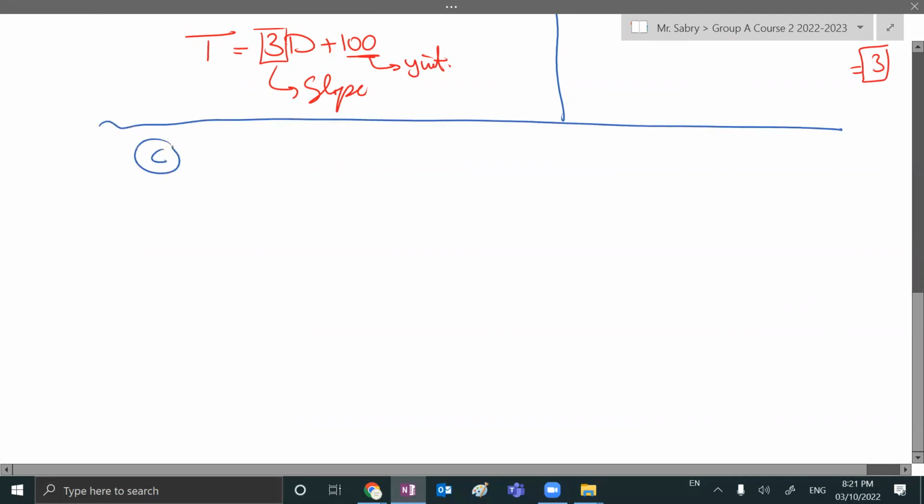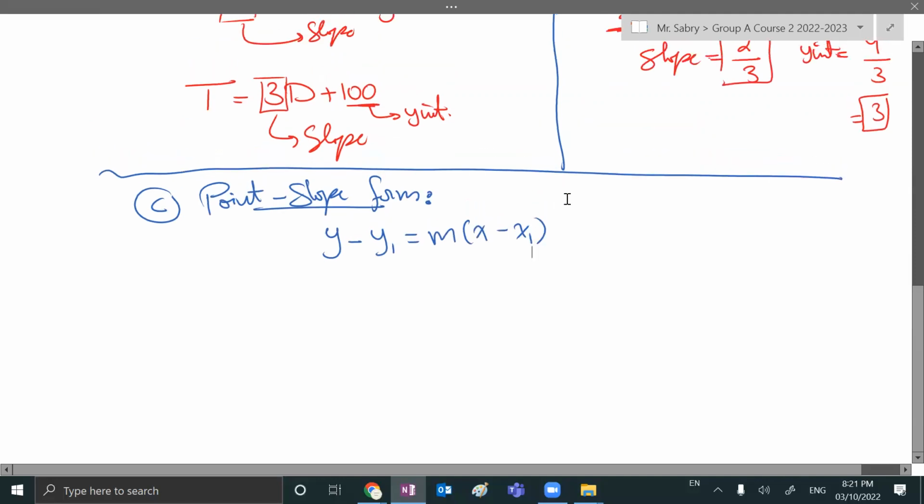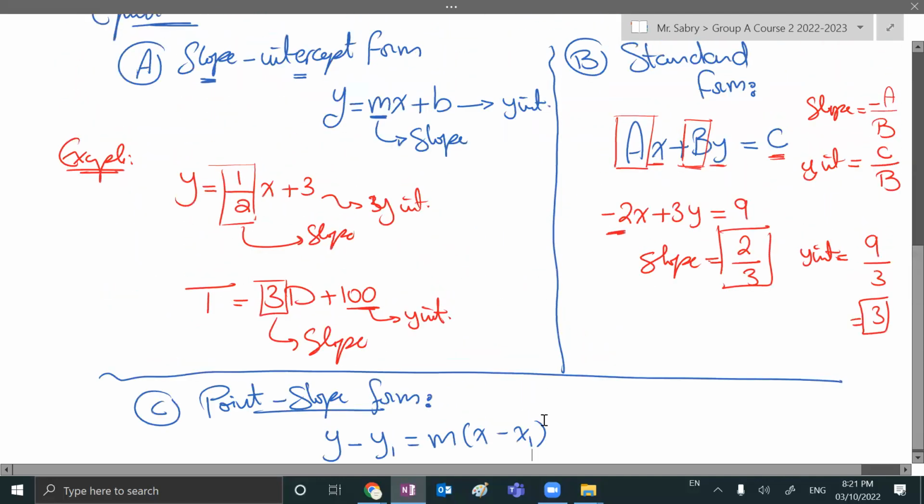There is a third form called point slope form. This form is whenever you have y minus y1 equals m bracket x minus x1. Now what's the difference between the three forms? The first form, slope intercept, has y on one side by itself equals everything.